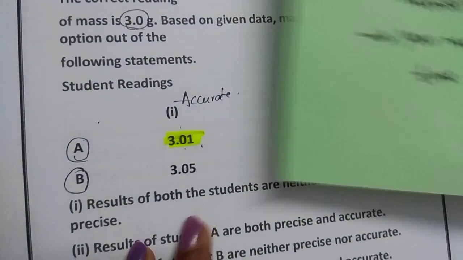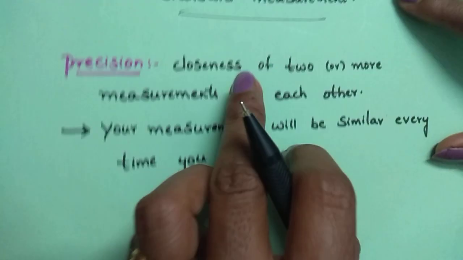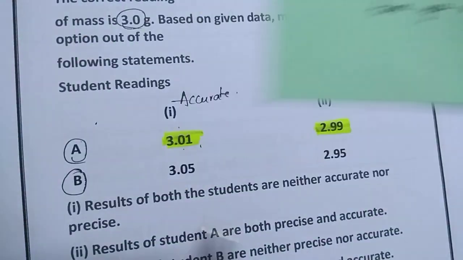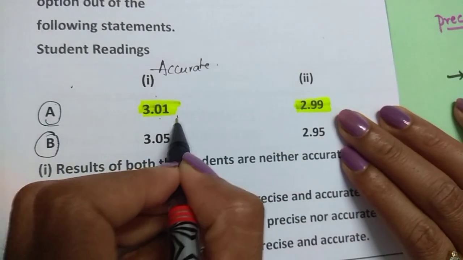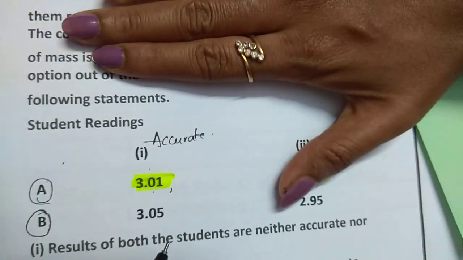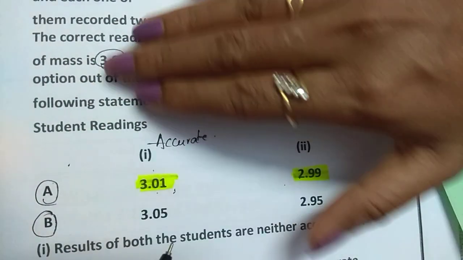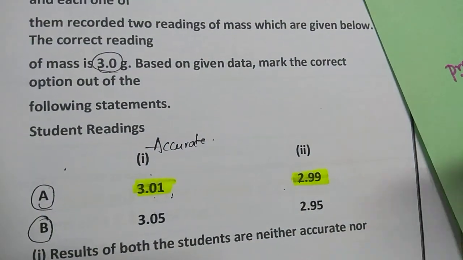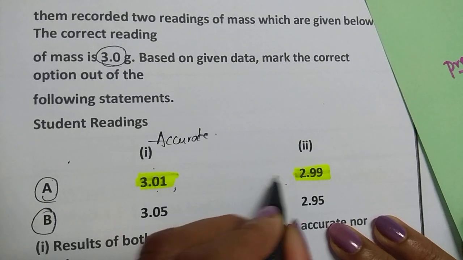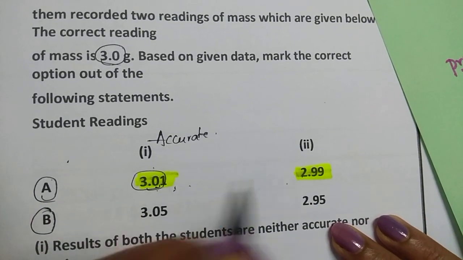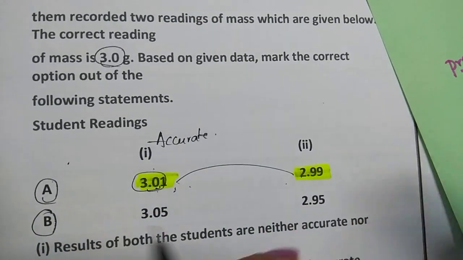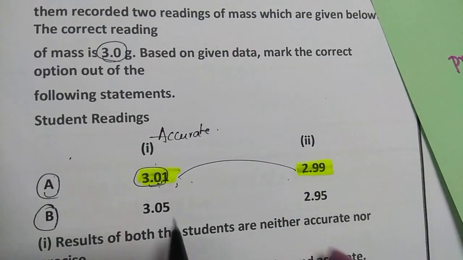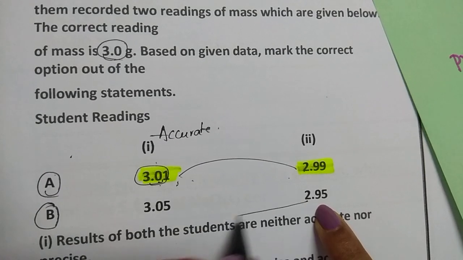Coming to precision, it indicates the closeness of two or more measurements to each other. It is not regarding the standard value. The first experiment and second experiment values should be close. Here 3.01 and 2.99 differ by just 0.02, but here the difference is a full 1 point.